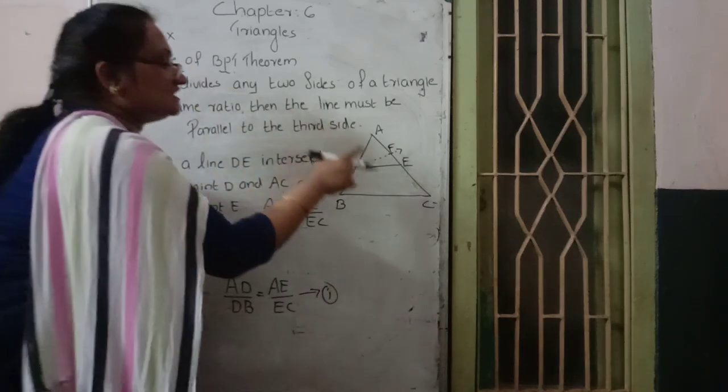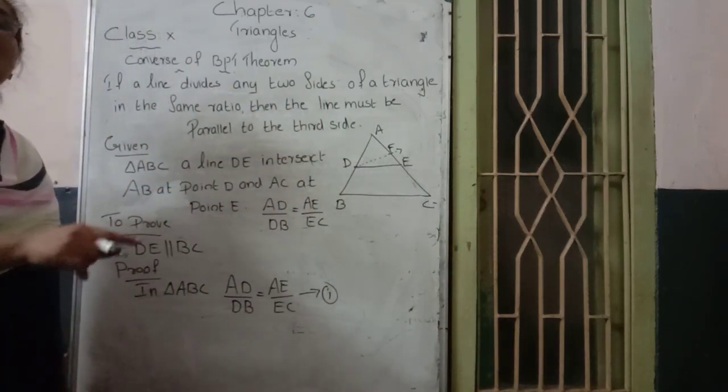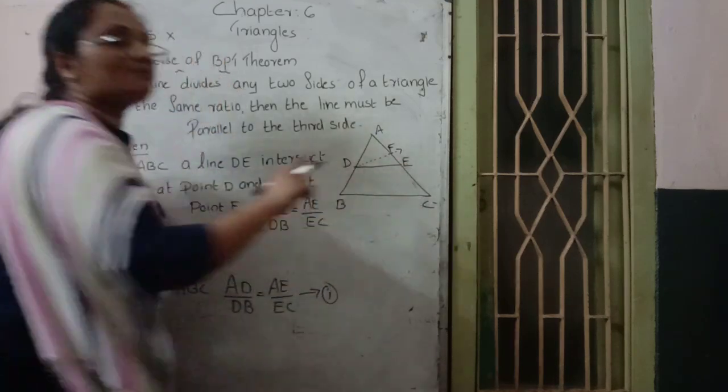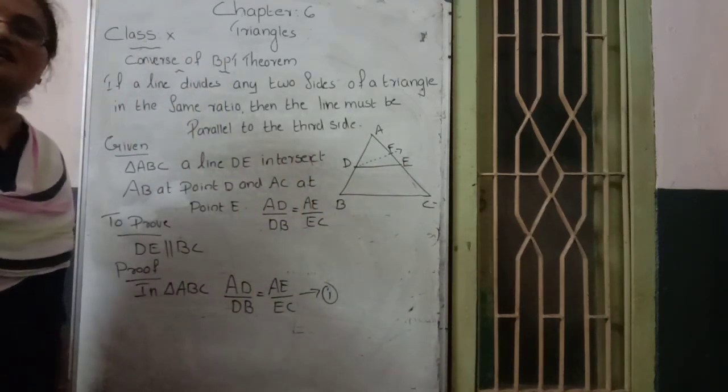Then F and E coincide, and that's why DE is parallel to BC.